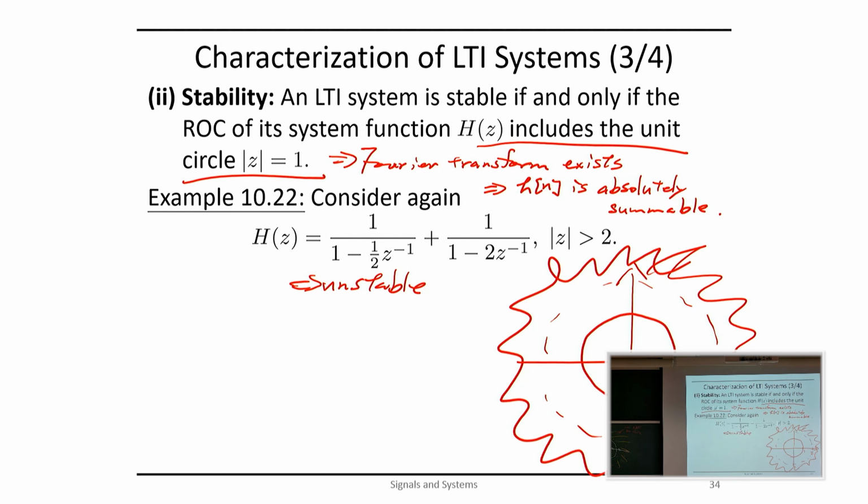So here we have two poles, one at 1/2 and one at 2. There are three possibilities for the region of convergence: either inside 1/2, outside 2, or the ring in between 1/2 and 2.